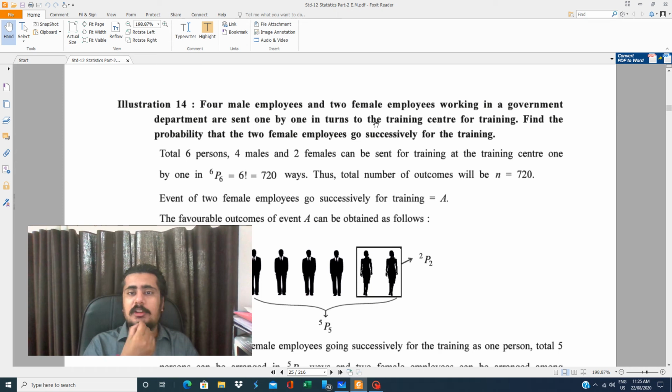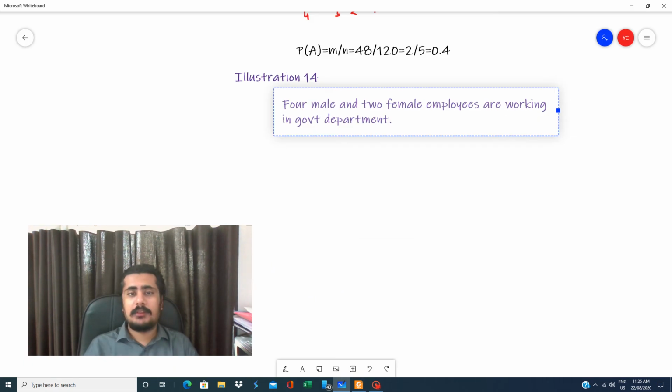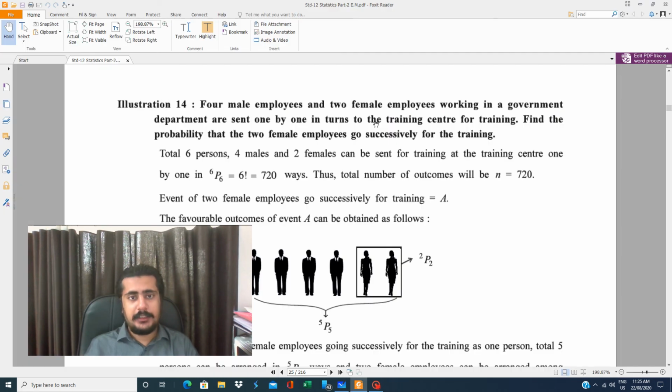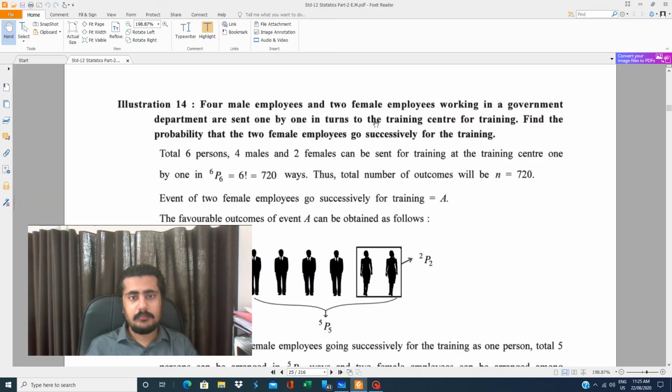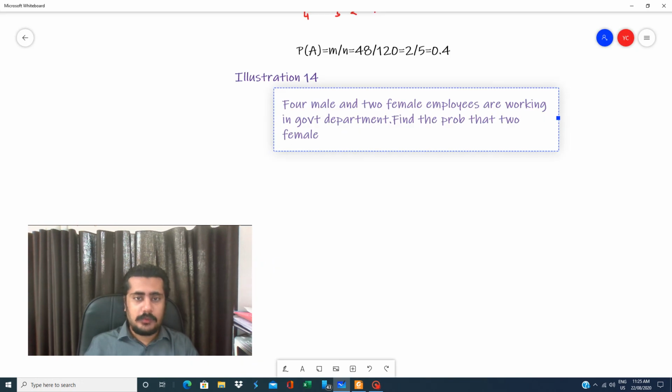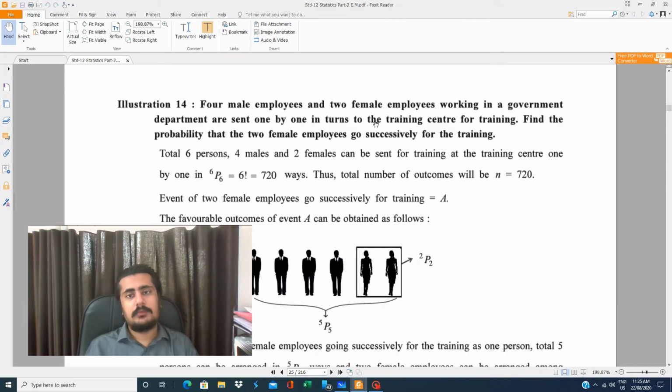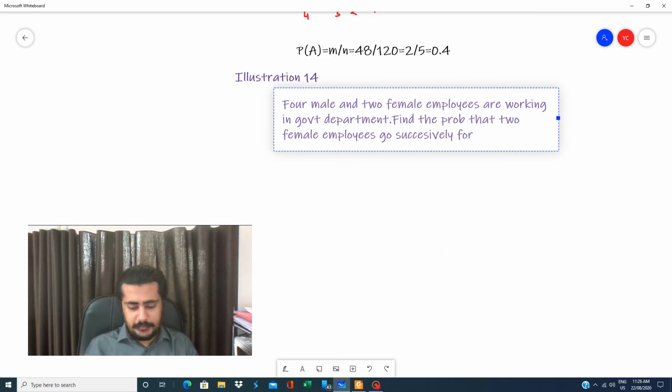They are sent one by one in turn to a training center. Find the probability that the female employees go successively for training.